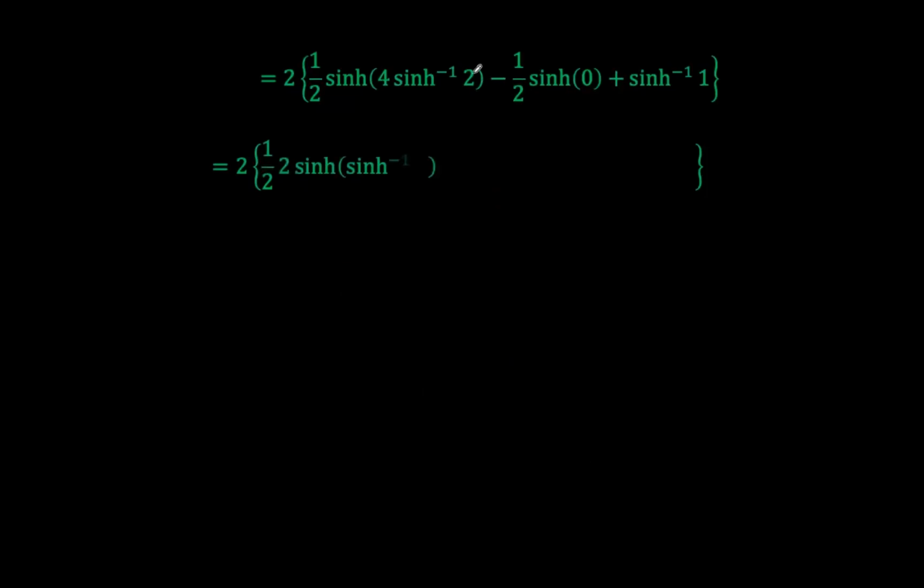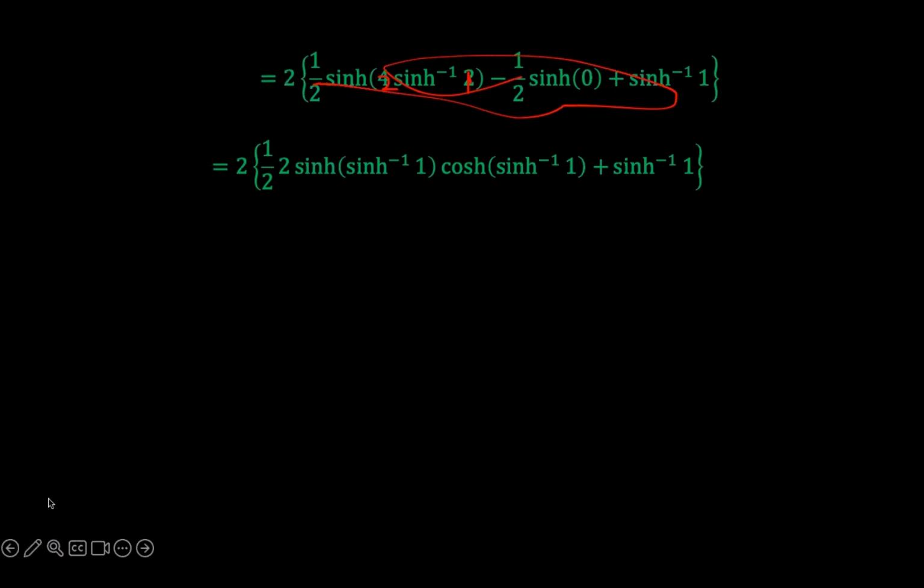So now we have 2 times half. This is supposed to be 2, and this is 1. Let's erase this. Okay, so we have things in the clear here.